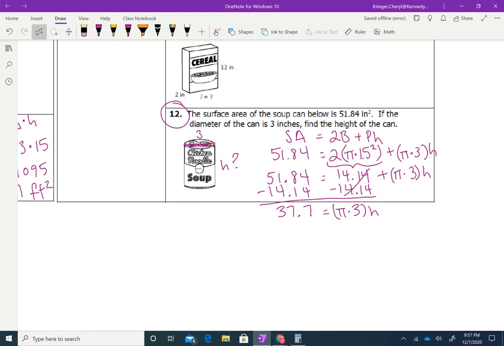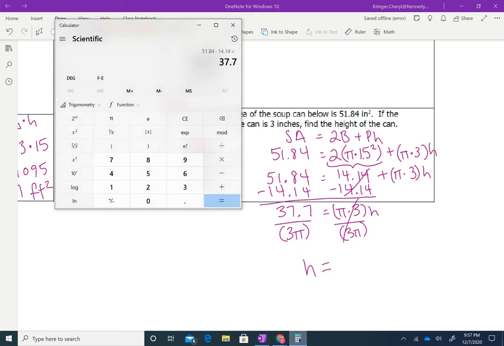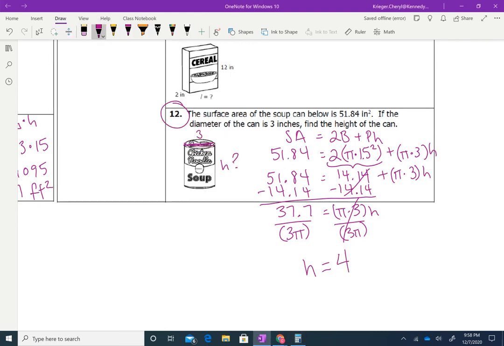Okay, and to get height by itself, we'll just divide both sides by this 3 pi. Right, 3 pi is the same thing as pi times 3. That cancels. And we get height equals 37.7 divided by, I'll put this in parentheses, 3 times pi, equals 4.00009. So I think that we can safely say the height is 4.